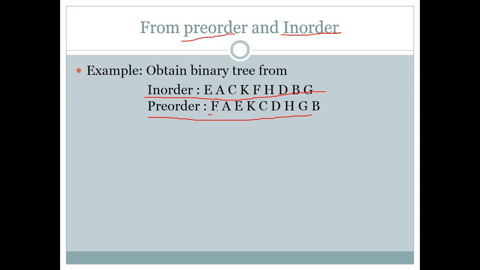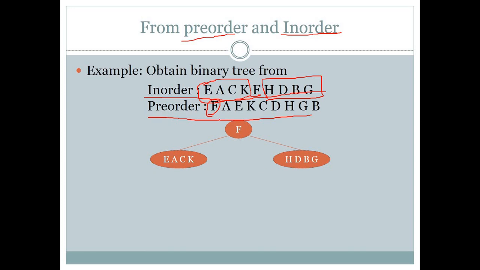So here F is at the first position, so for our tree F will become the root. If we point this F in our in order traversal, then we can know that EACK will be the left part of the tree and HDBG will become the right part of the tree. So we will put EACK on the left side and HDBG on the right side.